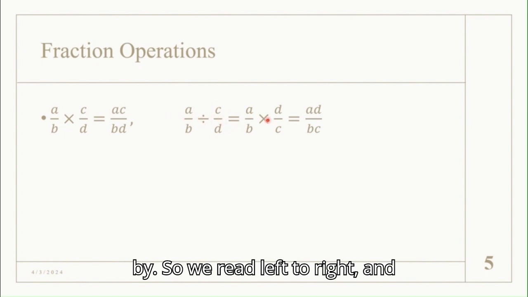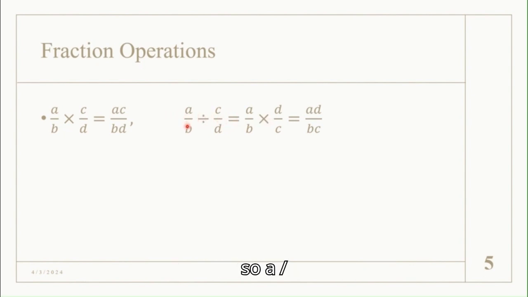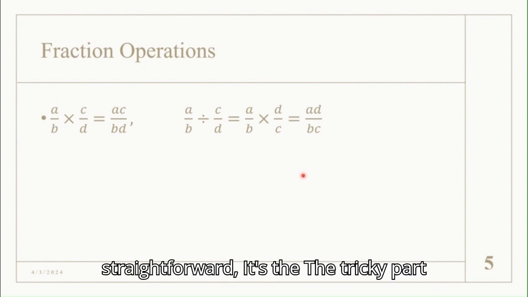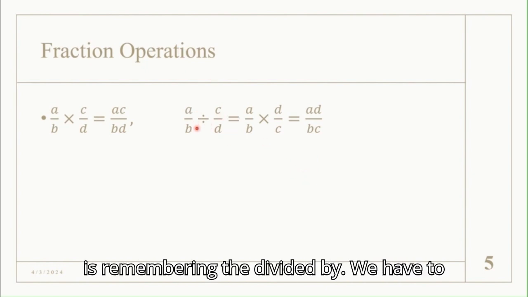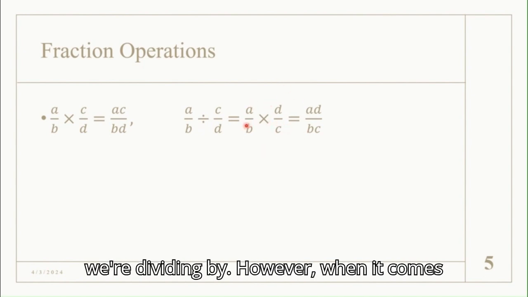So we read left to right, and A over B divided by C over D is actually equal to A over B times D over C. And that gives us AD divided by BC, or A times D divided by B times C. Now, these two operations are relatively straightforward. The tricky part is remembering the divided by. We have to flip that second term, the term that we're dividing by.